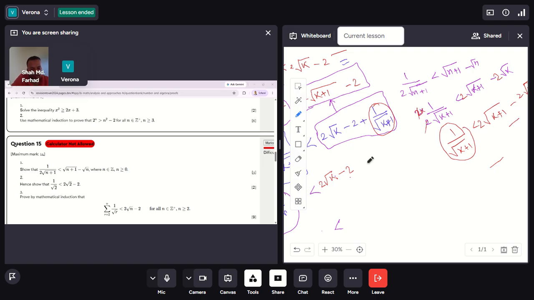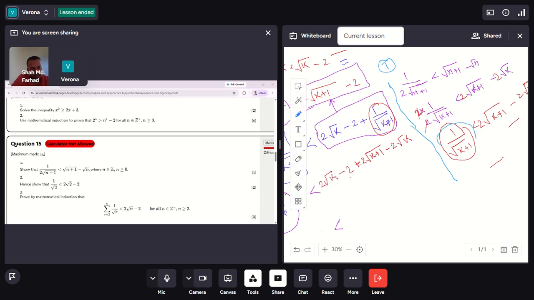So it will be plus 2 root k plus 1, then minus 2 root k. Got it? They used it from part 1.